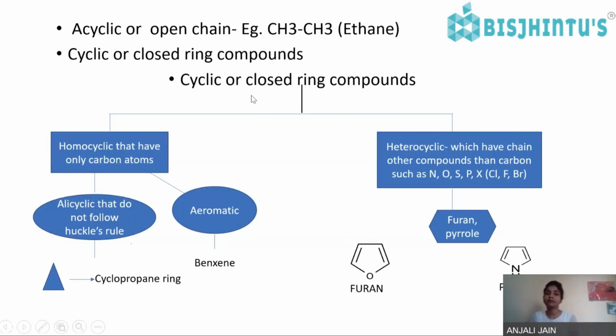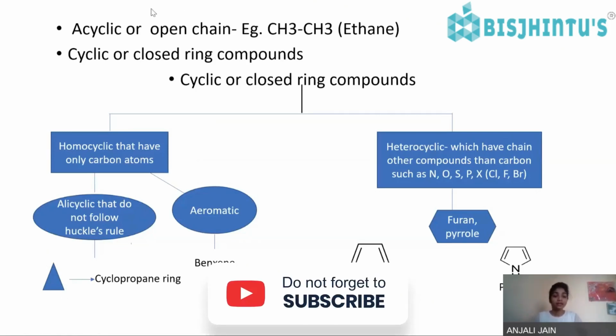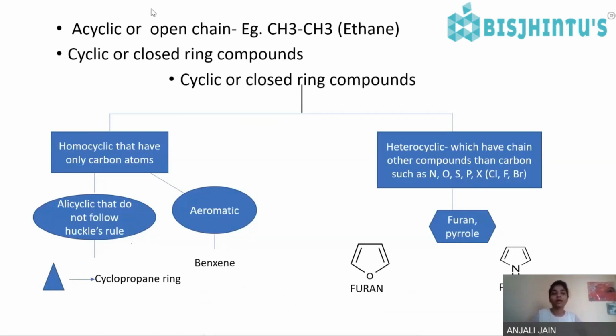And cyclic compounds are further classified into 2 types: homocyclic and heterocyclic. Homocyclic compounds are those having only carbon atoms. Like if I am talking about this cyclopropane ring, then all the atoms over here are carbon.